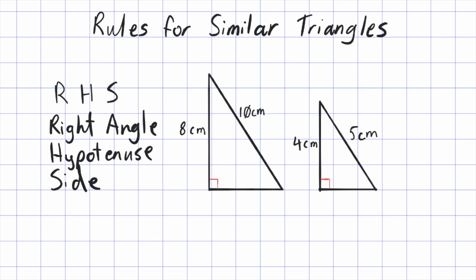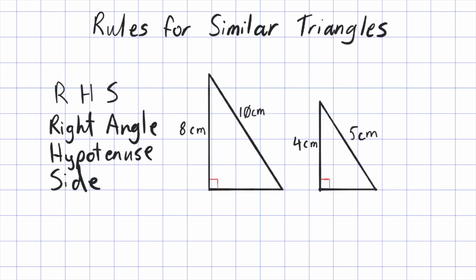It's just that in this triangle, it's a right angle. If the hypotenuse on both of them has an equal scale factor to any of these other sides and its corresponding pair in the other triangle, well then these two triangles are similar.